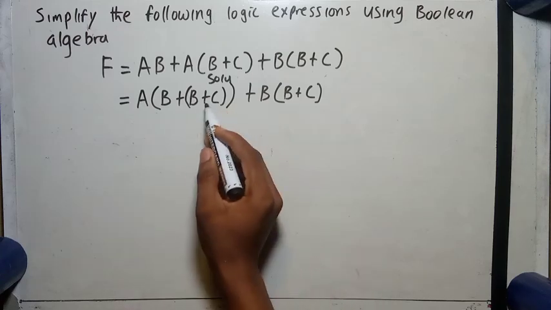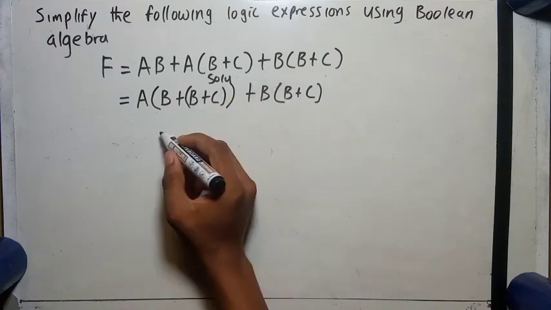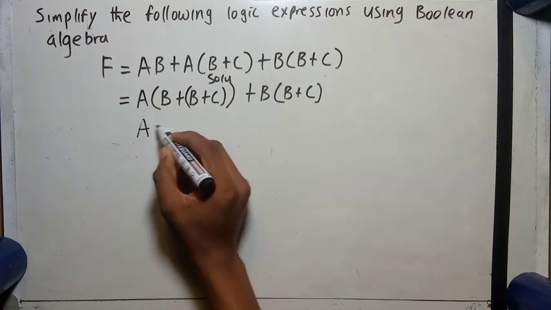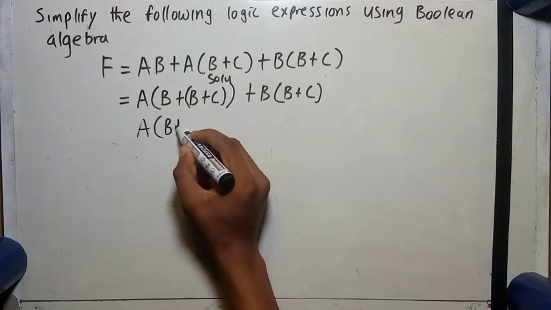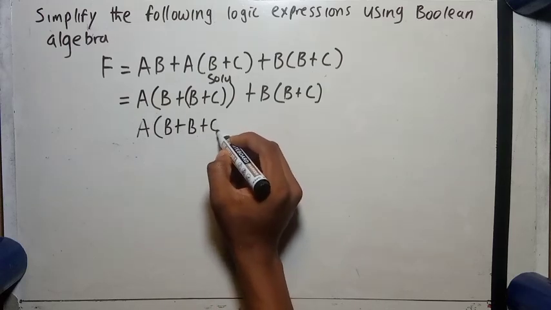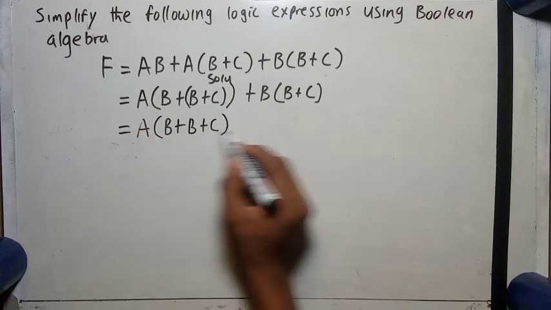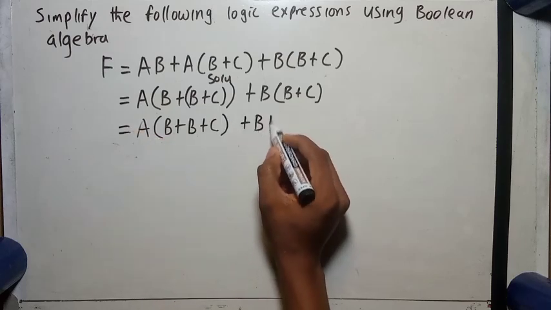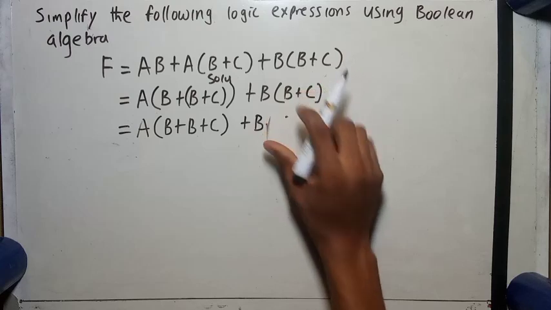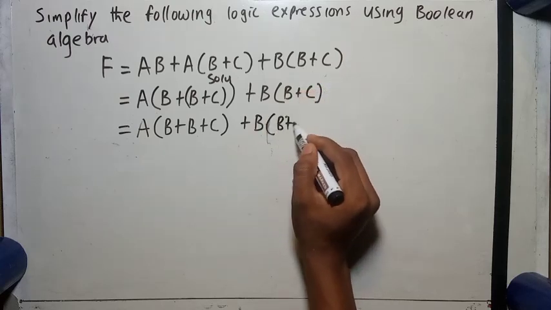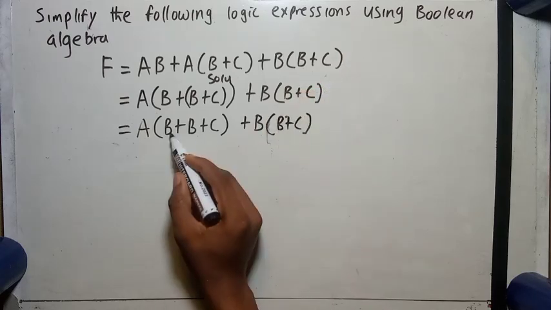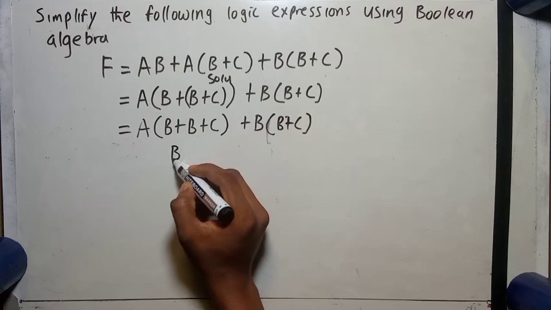Now we can remove the brackets. When we do that, we have a b plus b plus c, then b times b plus c. This plus this will definitely give us b.